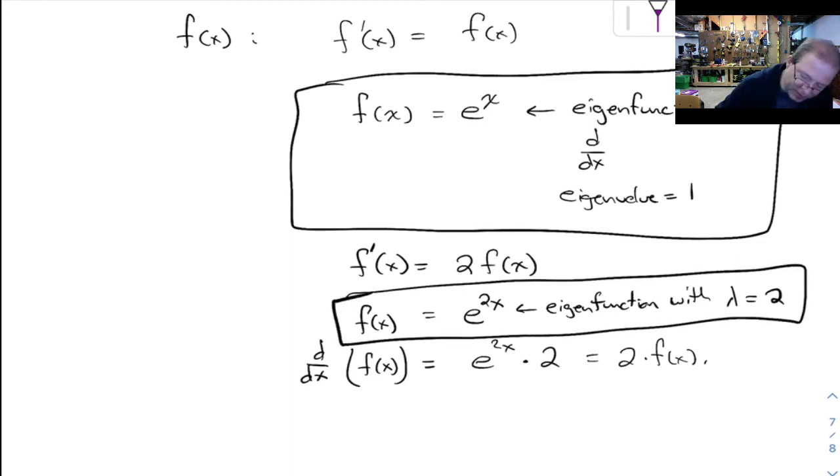And I think this gives a little bit of idea of why eigenvalues and eigenvectors are important. e to the x, or e to a constant times x, is one of the easiest things there is to take the derivative of. And the reason that it's easy is because it's an eigenfunction. Maybe I shouldn't say it's the reason it's easy, but those two things are definitely related.